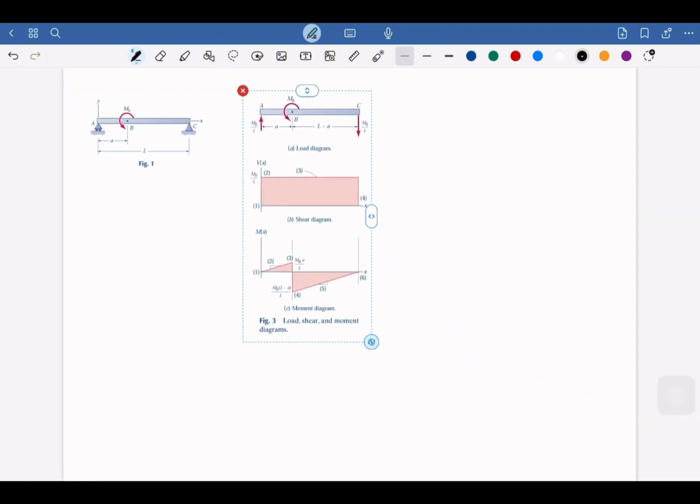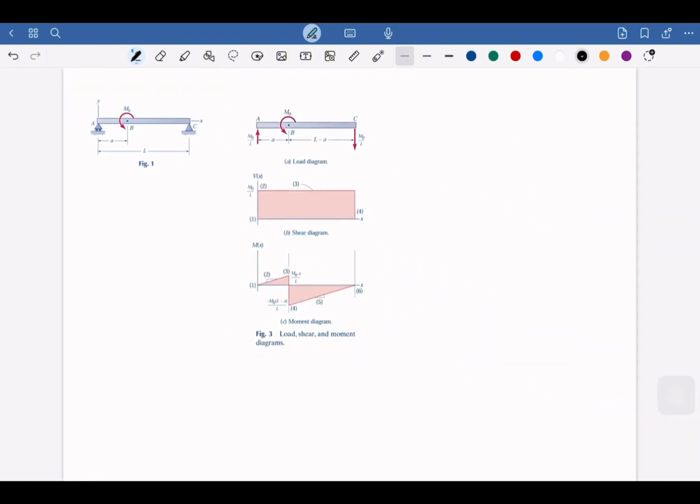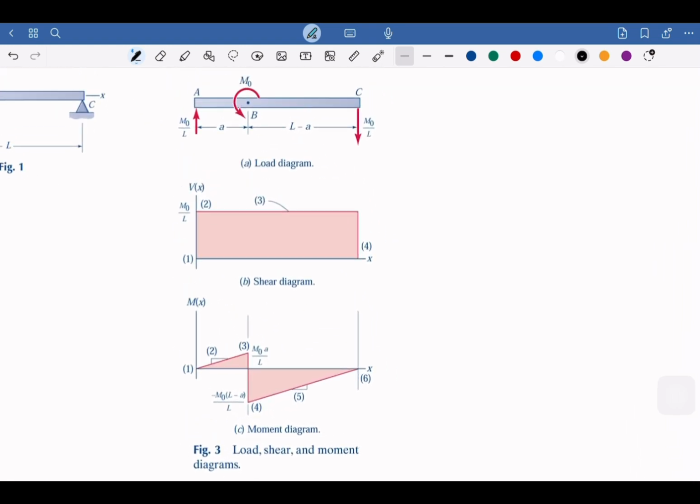I will explain this very quickly here. If you have the moment, and then if you see the V, there is nothing there, so we have only forces that are based on the reaction forces on both sides.